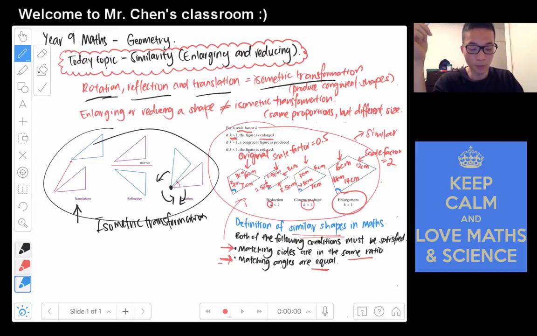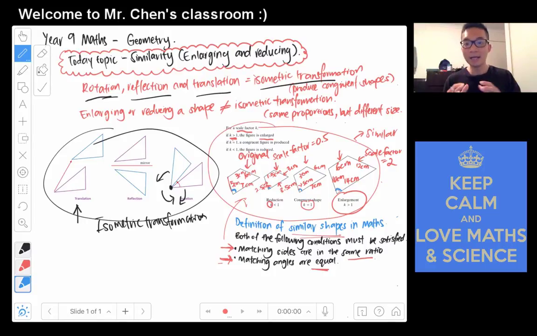That will be it for this video. This video introduced you to what similarity is, which includes enlarging and reducing. And remember, they are not isometric transformations.